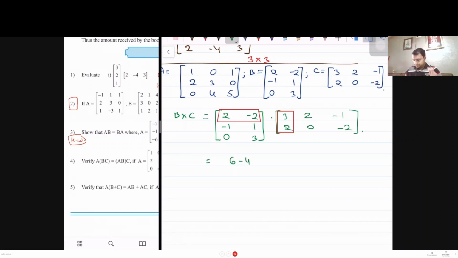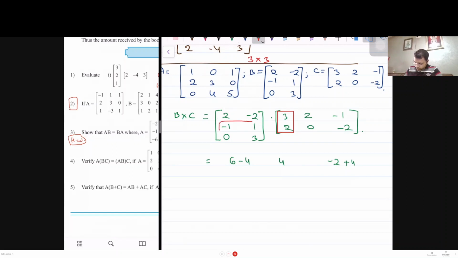Let's go on with the next column. 2 into 2 is 4, minus 2 into 0, that is 0. So I will just get 4. For the next, 2 into minus 2 is negative 2, and minus 2 into minus 2 is 4, and the middle sign is already plus, so I write over here plus 4. Then repeat the procedure for the second row and all the columns, third row and all the columns.